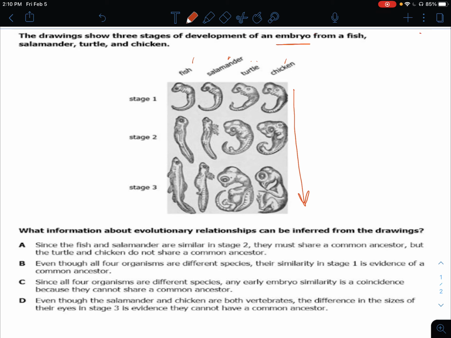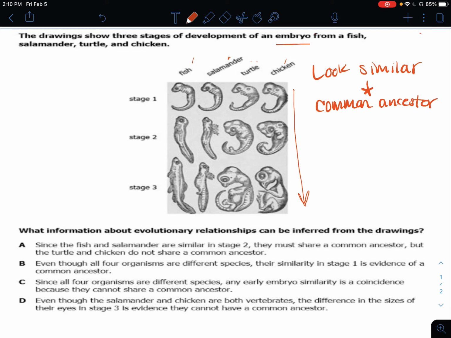Cool. So what information about evolutionary relationships can be inferred from the drawings? So remember, evolution, we're talking about whether or not things are related or share a common ancestor. And of course, we know that the more things look the same, the more likely they share a common ancestor. So if they look similar, they have a common ancestor.